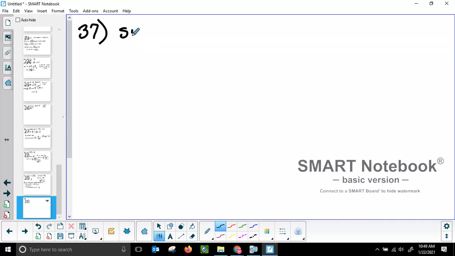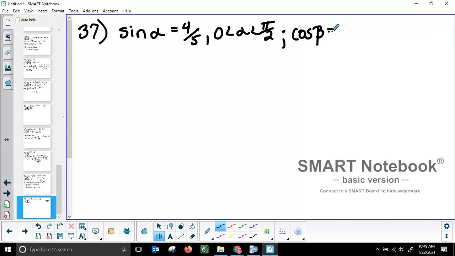So if sine of alpha is equal to 4/5, and alpha is between 0 and pi/2, and cosine of beta is equal to -5/13, and beta is between pi/2 and pi. Find each of the following.